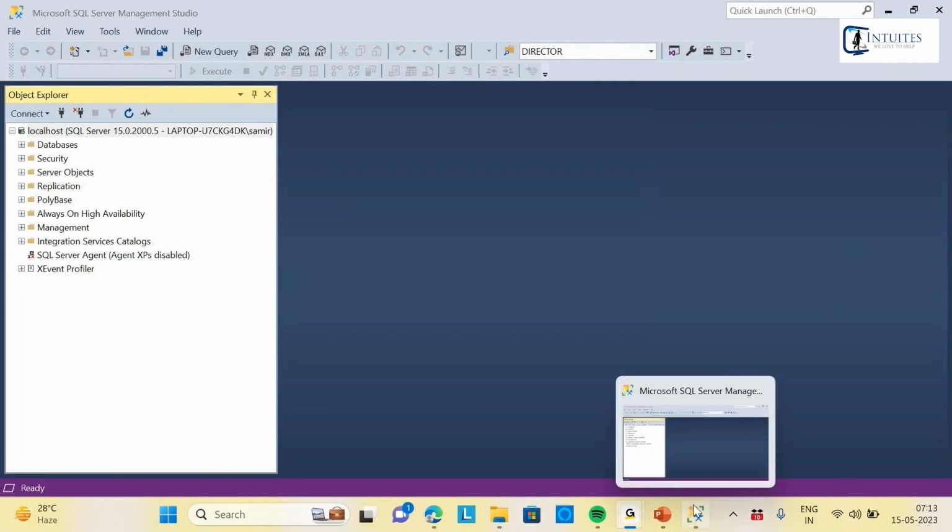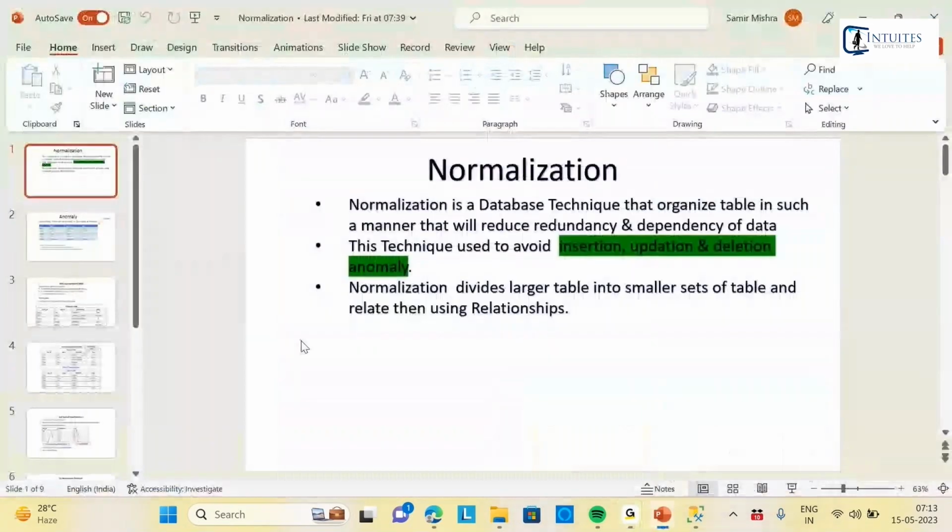Let's go to the normalization slide here. Can anybody explain what normalization is exactly? Normalization is effectively designing a database without data redundancy.